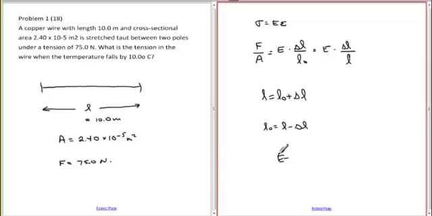We just need E for copper. So if I go to the book, this is the book that you have, and we would look under Young's modulus in the index, because I don't know exactly what page it's on. So let's see if there's a thing that says Young's modulus. Okay, it's not under Young's, so it's probably under elastic modulus.